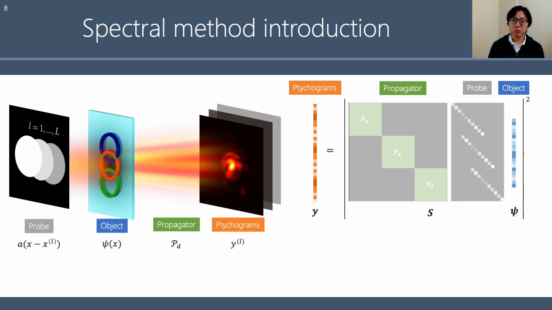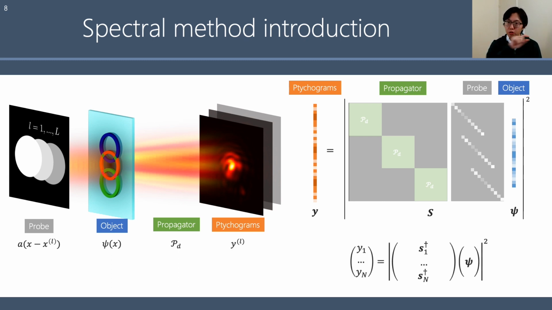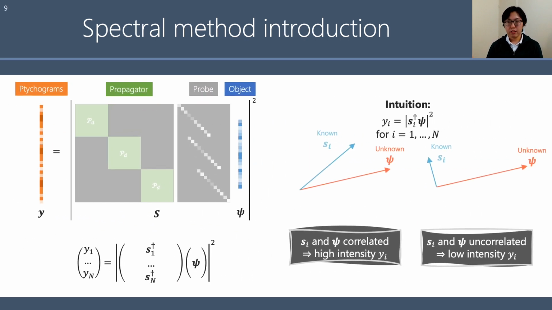Each intensity measurement comes from the product of a row of S and the vector psi. Thus, each y_i is equal to the modulus square of the scalar product, and this scalar product is computed between a known vector s_i and our unknown object psi. If we look closer at what this equation means, there are two possible cases.